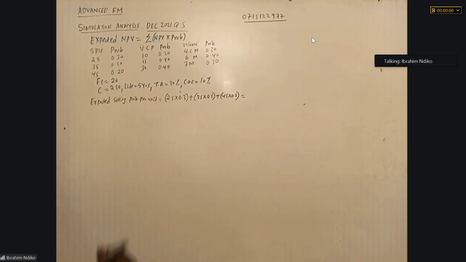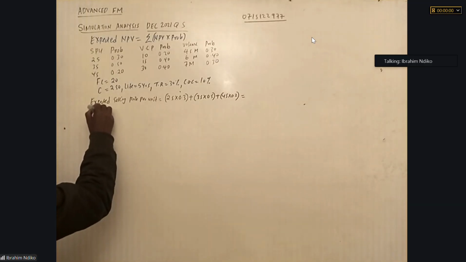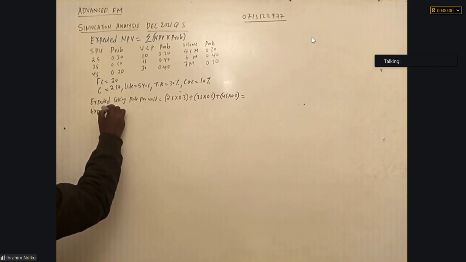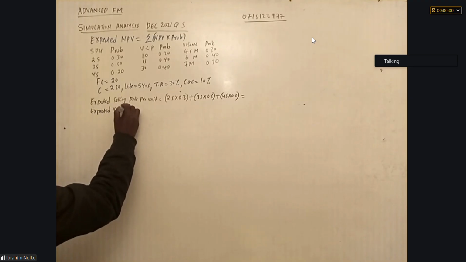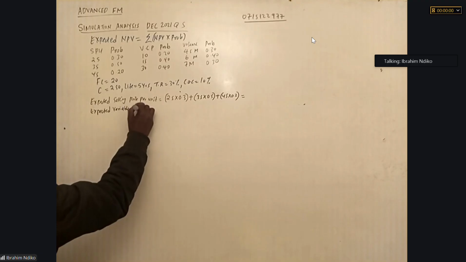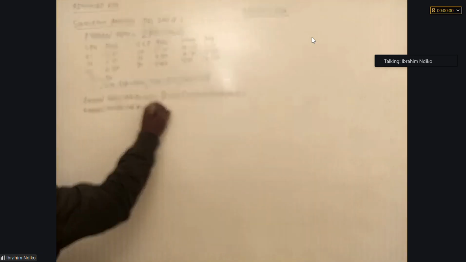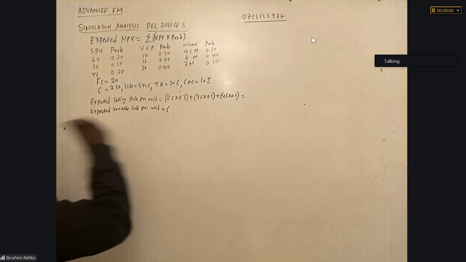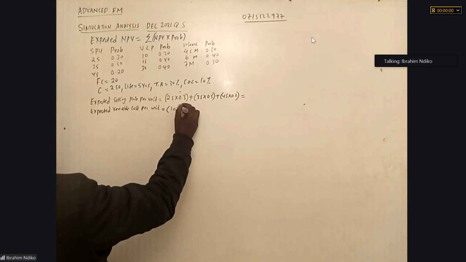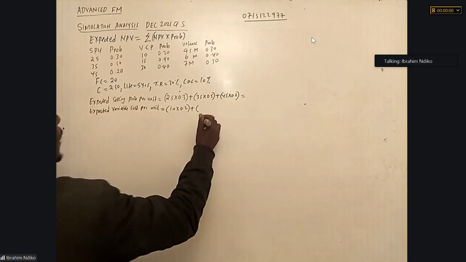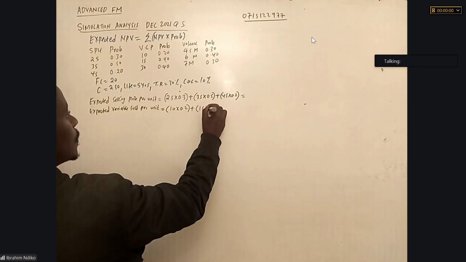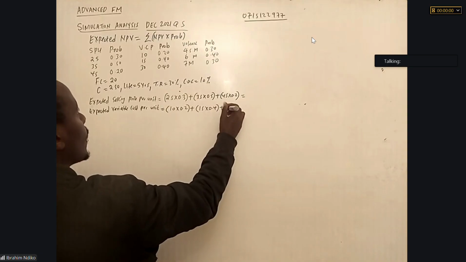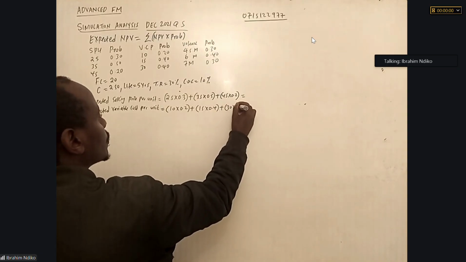We can also get the expected variable cost per unit: 10 times 0.2, 15 times 0.4, 30 times 0.4.